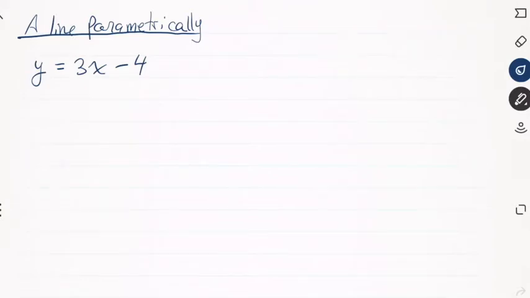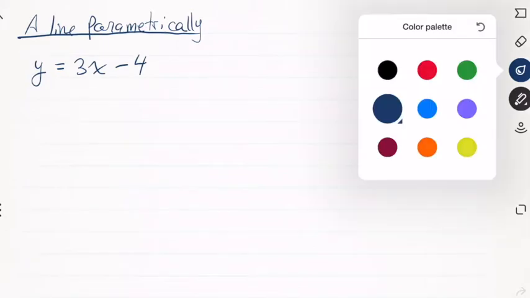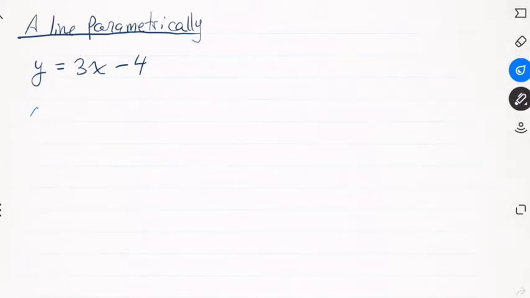But if we try to write it parametrically, one of the easiest ways to do it is to let x equal the parameter, in this case called t, and then y would equal 3t minus 4. And that's the most elementary way of changing a rectangular equation into a parametric equation.